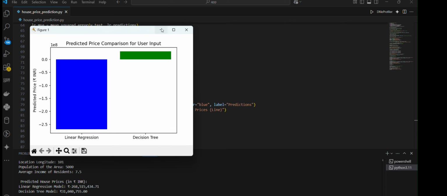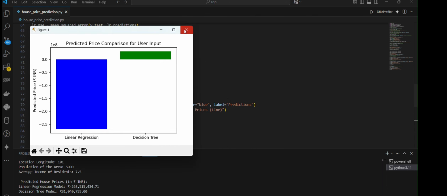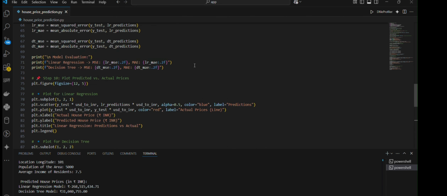Here we compare the outputs, where the linear regression gives this amount and the decision tree model gives this amount. We also compare the MSE and MAE for the linear regression and decision tree, where the linear regression gives the lower MSE and MAE, so we conclude that the linear regression gives the more accurate output of predicted prices versus actual prices.